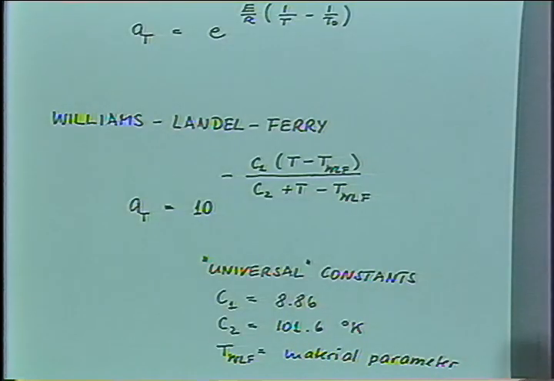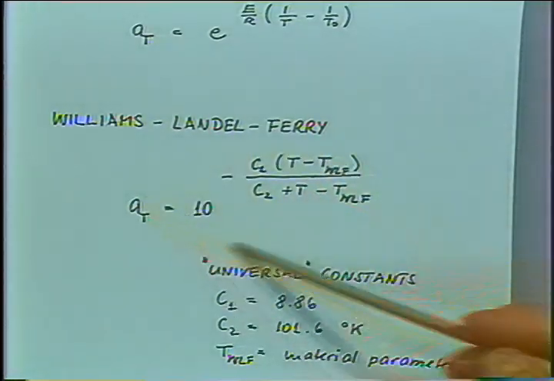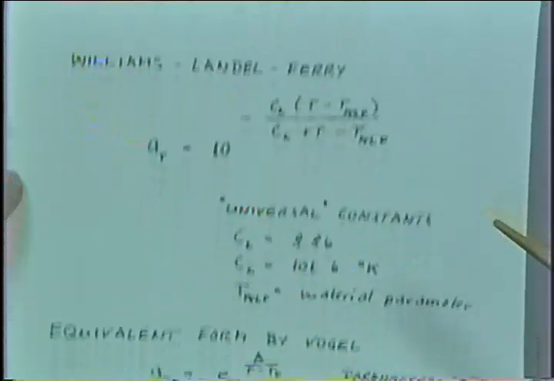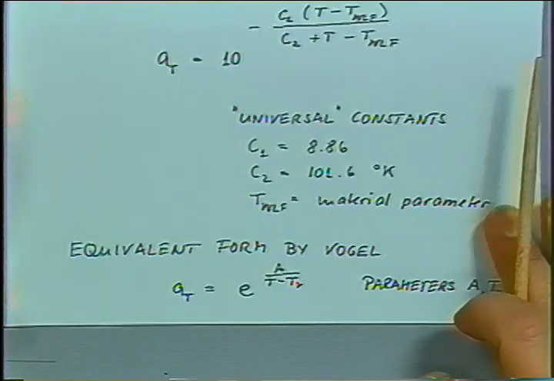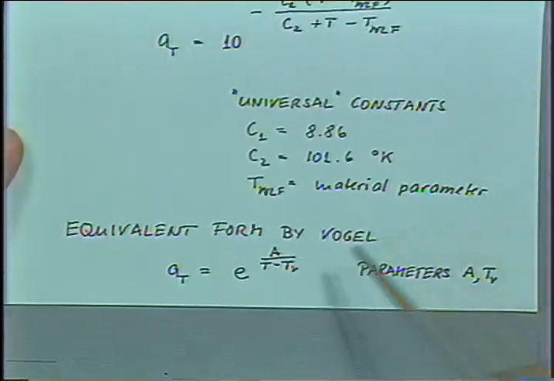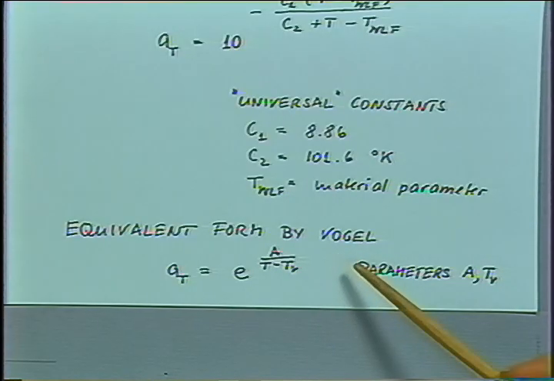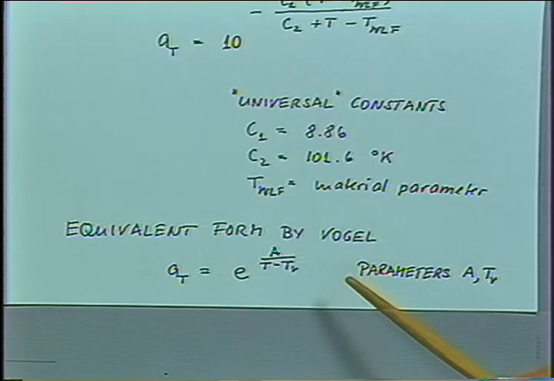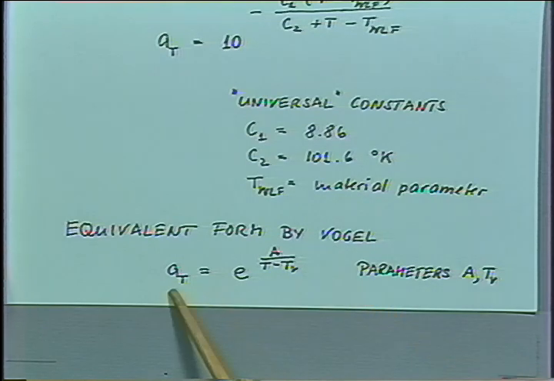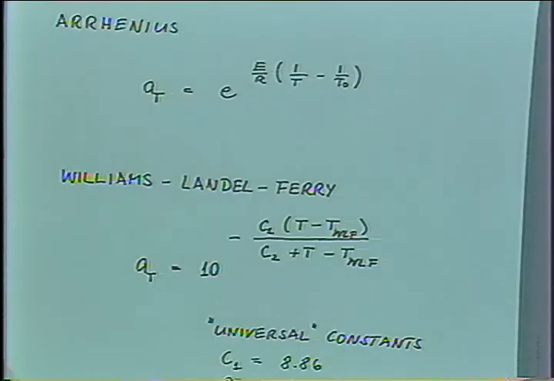Now, it turns out that this complicated equation is equal to an equation which had been proposed much earlier by Vogel for some other materials. He didn't realize that. But this shift factor in this form, e to the constant divided by T minus the Vogel temperature, is exactly equal to that formulation up here.